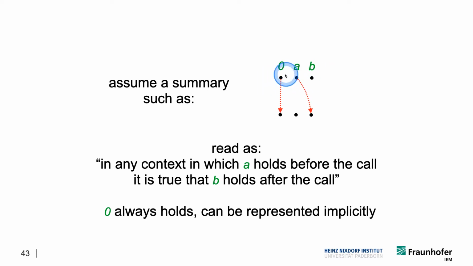You can read this as a rule, right? So this is basically the top half of the rule. This is saying to which contexts the summary applies. And then this is saying what the effect is on this context. And like I also said, 0 doesn't really need to be represented in a summary because it always holds, right? So in practice, we wouldn't actually store this.